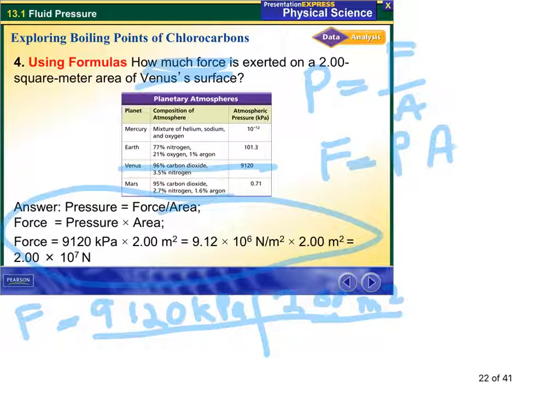What we want is kilonewtons per meter squared. Then the meter squared divide out. And a little multiplying, we would get 18,240 kilonewtons.